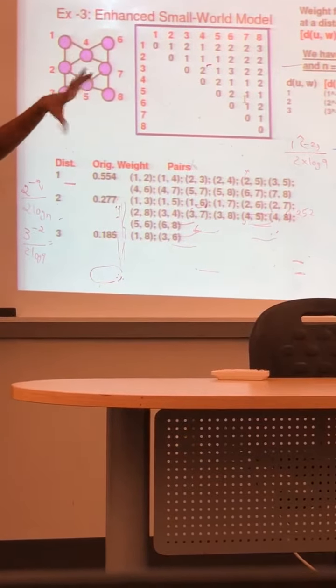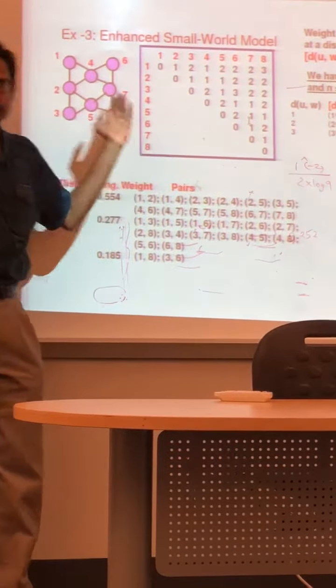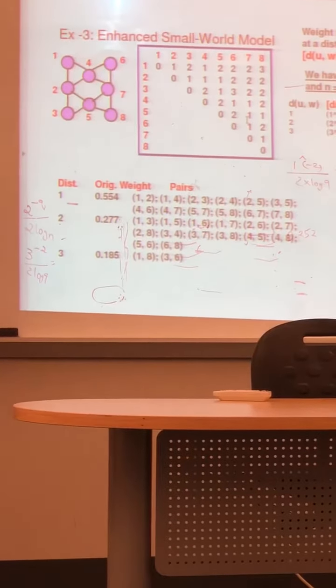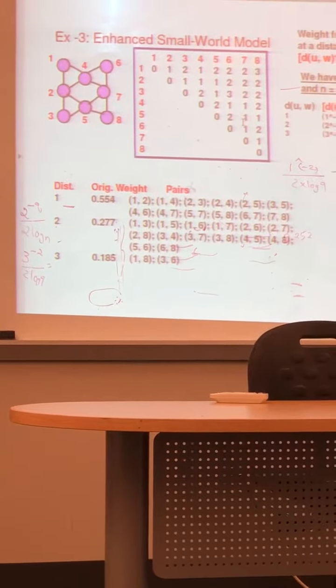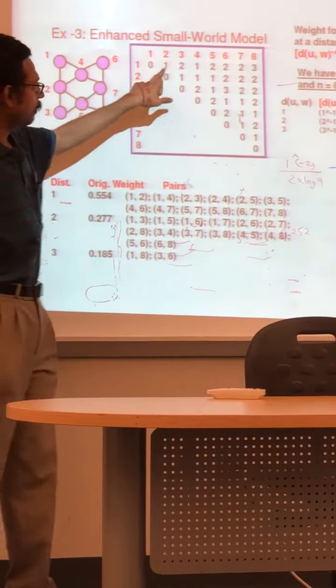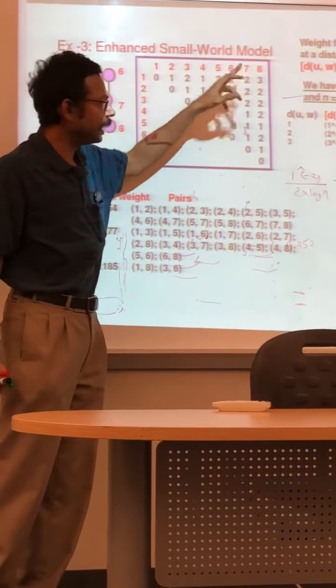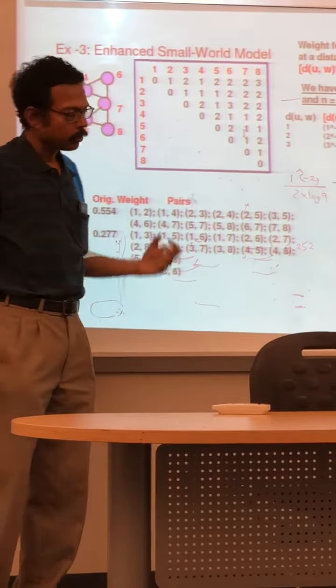So what's the first step? Given the graph, come up with the distance matrix. Just find the minimum edge paths, the shortest paths between any two vertices. Then identify the distance values. Here we have 1, 2, or 3 as the distance values. So then what you do?